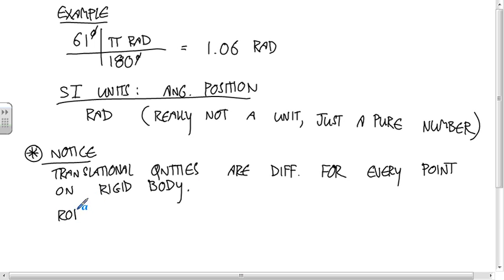Rotational quantities, on the other hand, have a single value that represents the entire rigid body.